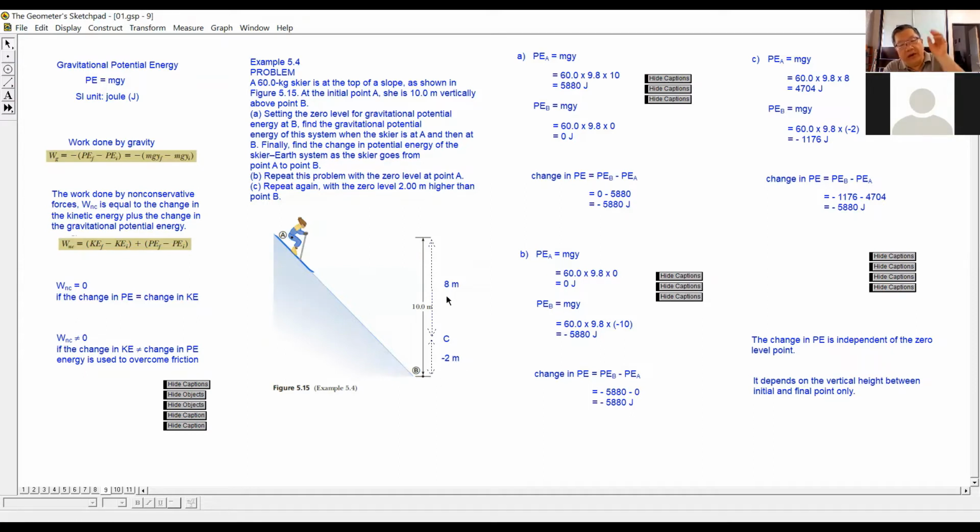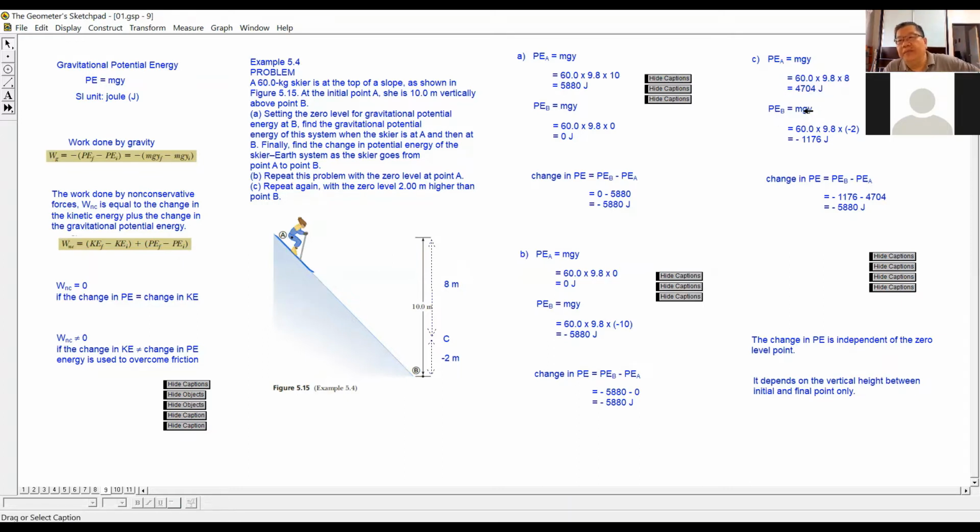We use this set of numbers, 8 and -2, to calculate again the potential energy at points A and B. At point A, the potential energy is mgy, so 60 times 9.8 times 8, which is 4,704 joules. Because it is above, it is positive.